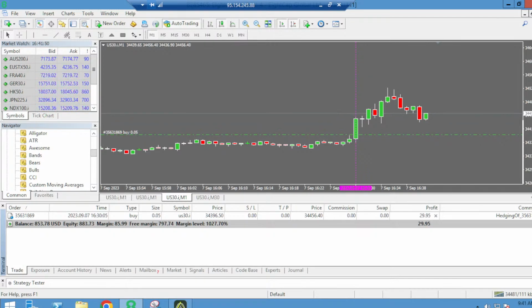We're allowing the price to do whatever it wants to do. Remember, the robot is designed to be liquid. It's designed to flow with the price.